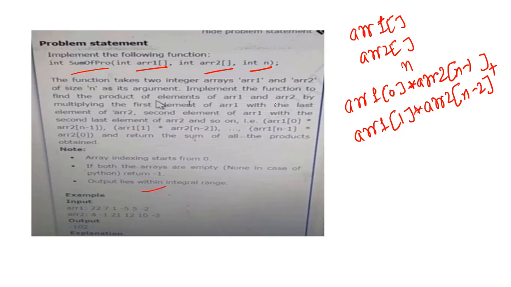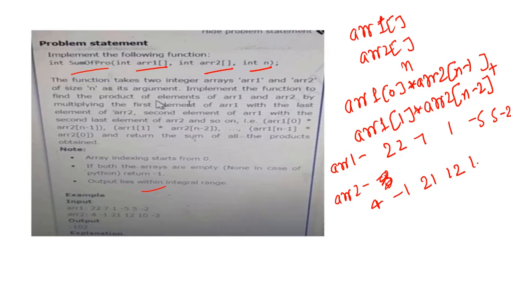So for example, they have given the input that suppose arr1 is 22, 7, 1, -5, 5, -2, and arr2 they have given as 4, -1, 21, 12, 10, -3.